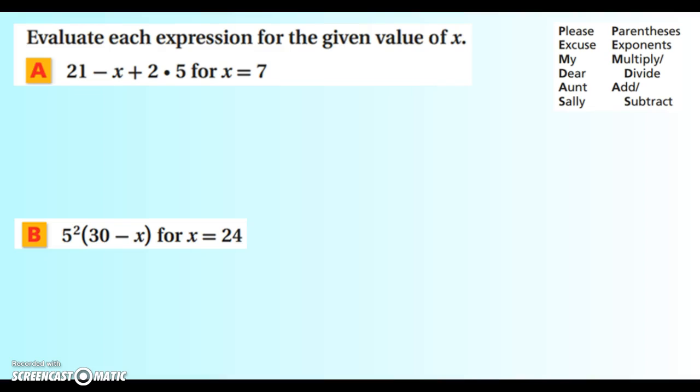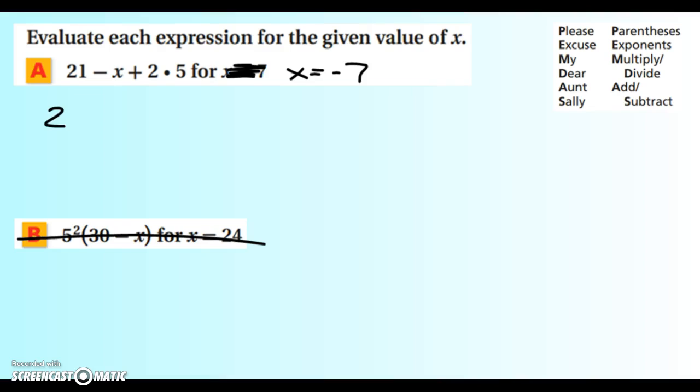Moving on. There's also something called evaluation, where you actually put in a number for a variable. We'll ignore B here. But what I want us to be careful of is, if we put in, for 21 minus x plus 2 times 5, let's put in x equals -7. Putting in a negative can be kind of tricky.